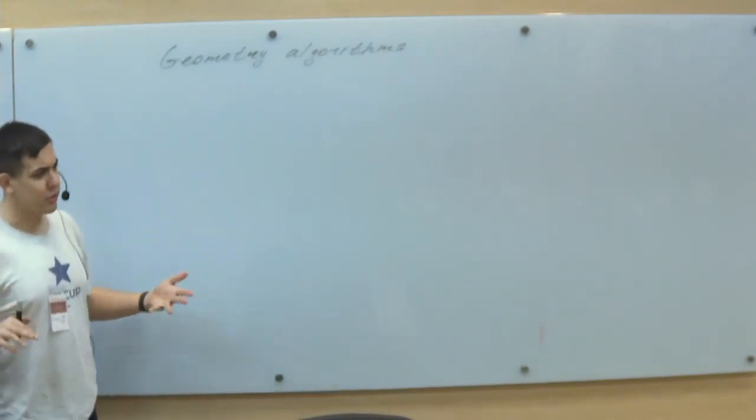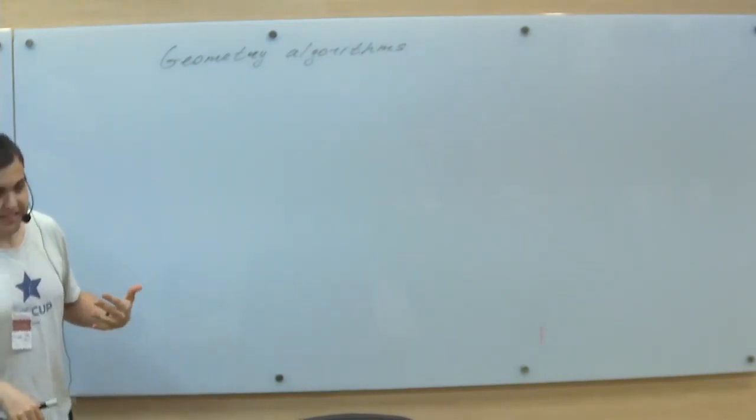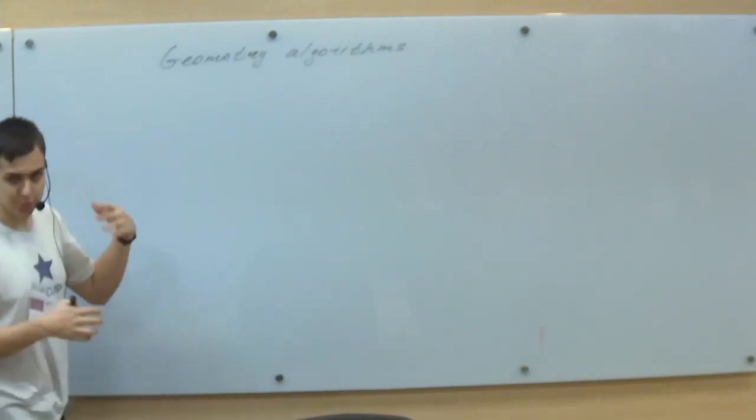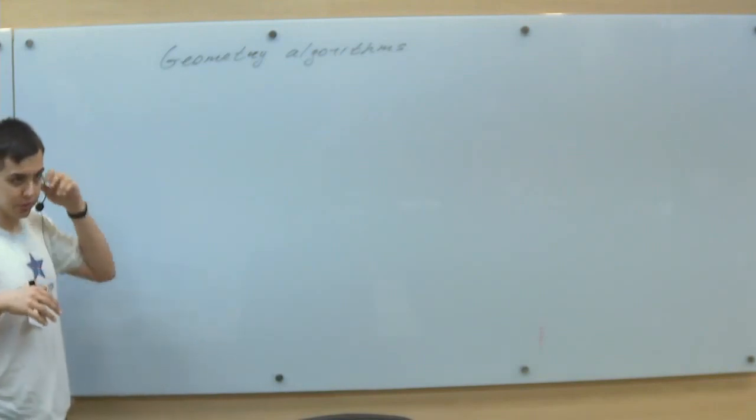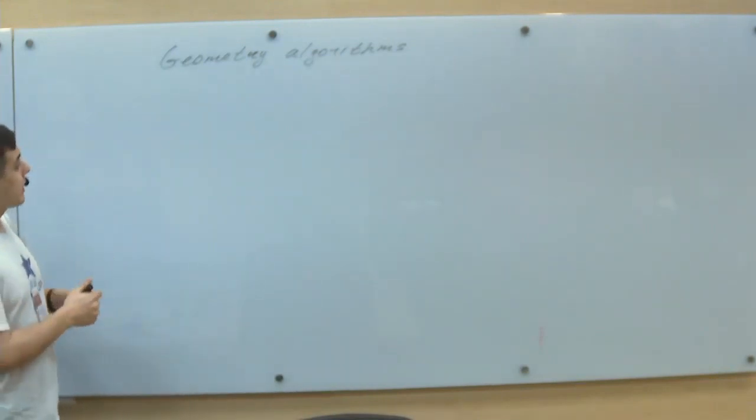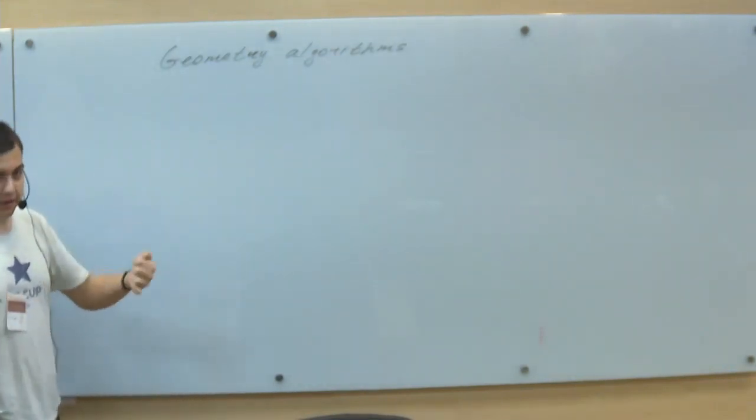Well, I think you know about most of the basic primitives, like we store points as just a structure of two doubles or two ints. We have scalar product.